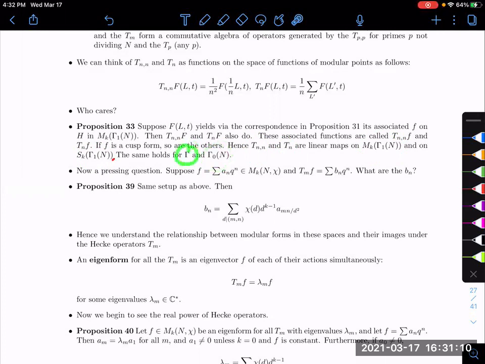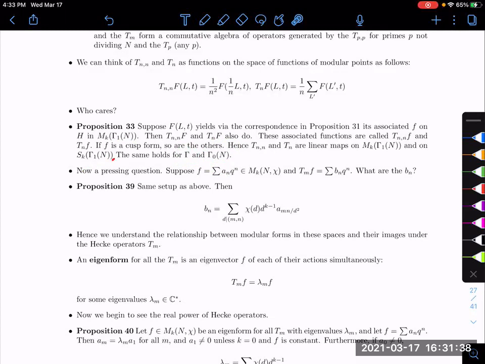In particular, it holds for SL2Z itself and also gamma naught of N. So as esoteric and abstract as Hecke operators initially seem, we are already seeing that they play very nicely both with each other and with spaces of modular forms and cusp forms for basically all the subgroups we care about in SL2Z. Okay.